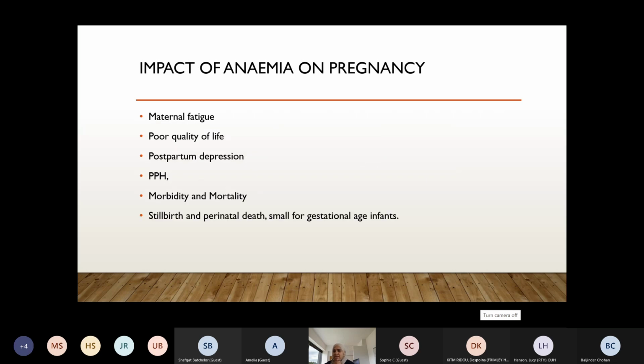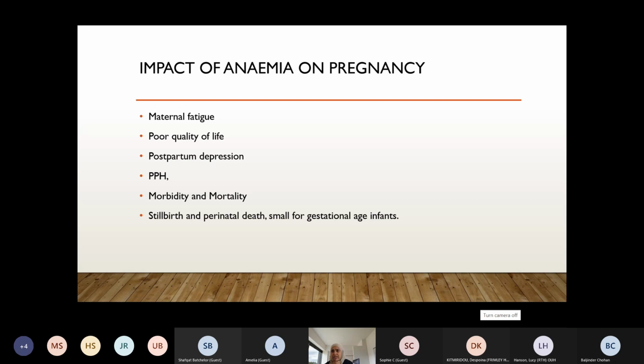What is the impact of anemia on pregnancy? A large number of studies have been done, and even meta-analyses. Most of the studies only suggest a link to maternal fatigue, poor quality of life, and obviously postnatal depression.